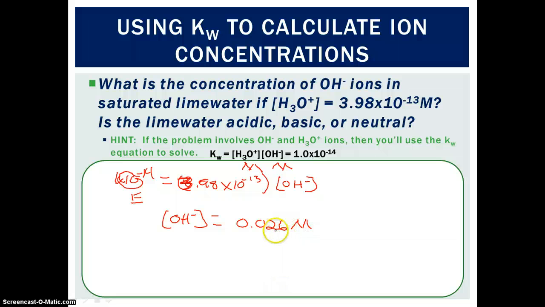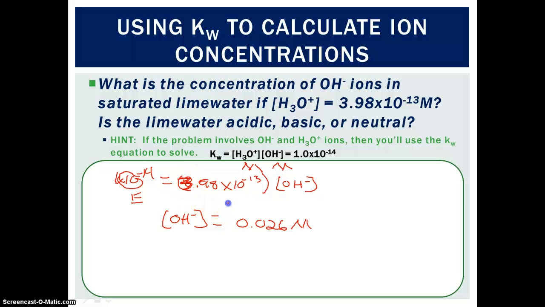Okay, we need to decide whether this is an acid, base, or neutral. I need to compare the concentrations. So for the concentration of the hydronium ion, this negative 13 here means that the decimal place is moved to the right 13 times to write this.